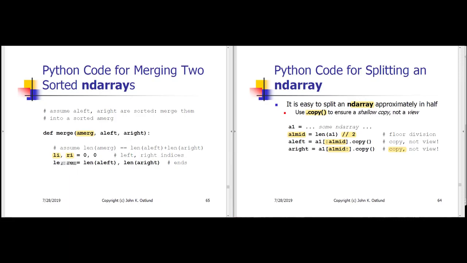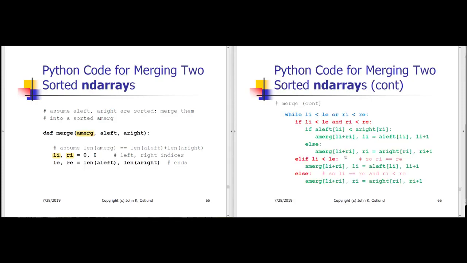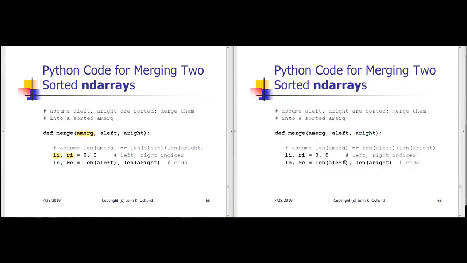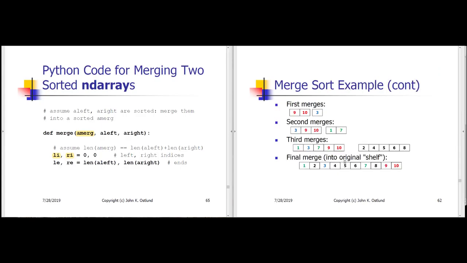The ends of those arrays, actually technically one past the end of each of those nd arrays, is going to be the length of the left-hand side for left end, and the length of the right-hand side for right end. Continuing with this merge function, the logic here is sort of picky and complicated, but it basically implements the kind of merging that we looked at in the diagram back here on slide 62.